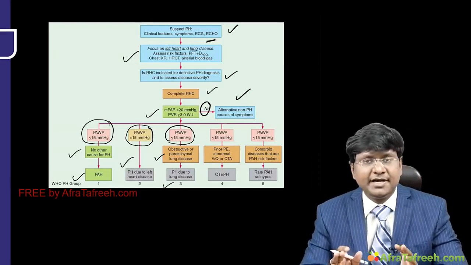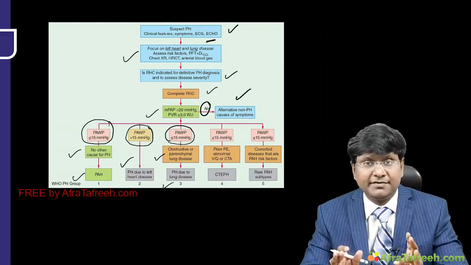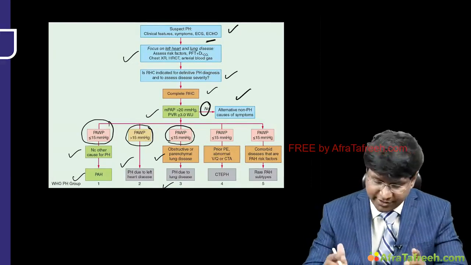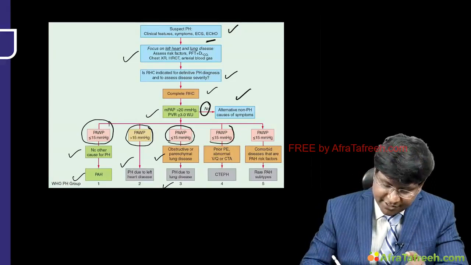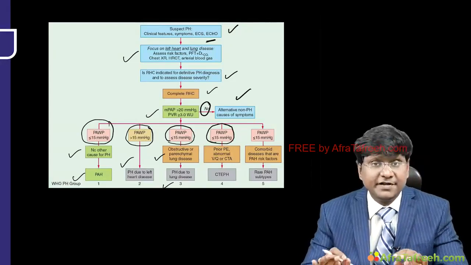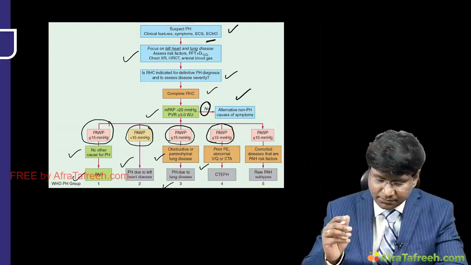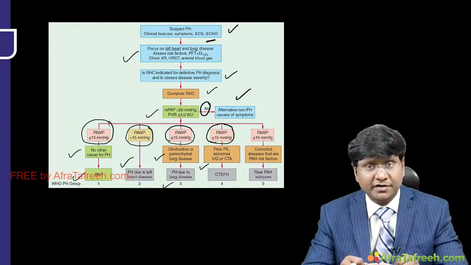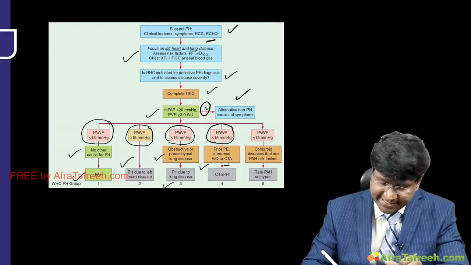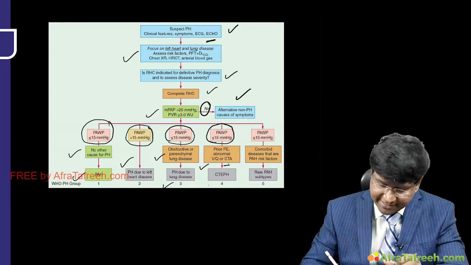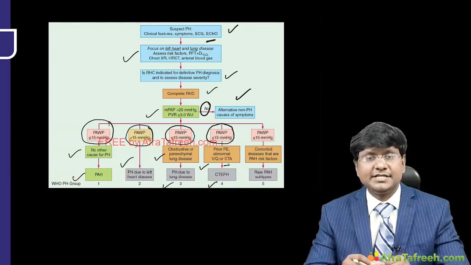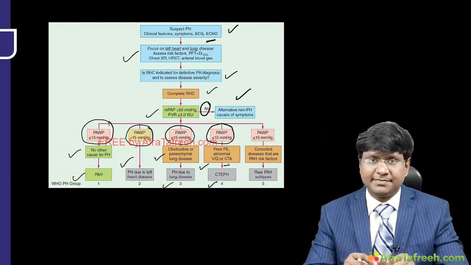Then if mean pulmonary artery pressure is more than 20, pulmonary vascular resistance is more than or equal to 3 Wood units and wedge pressure is less than or equal to 15 millimeters of mercury, you need to do a VQ scan and CT angiography. If positive, it is suggestive of chronic thromboembolic pulmonary hypertension.